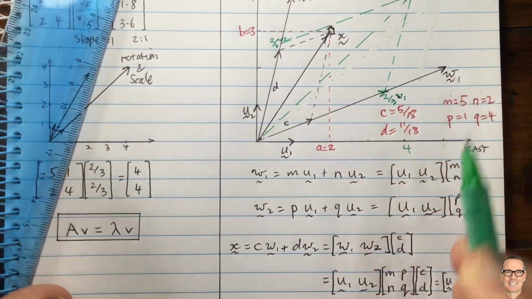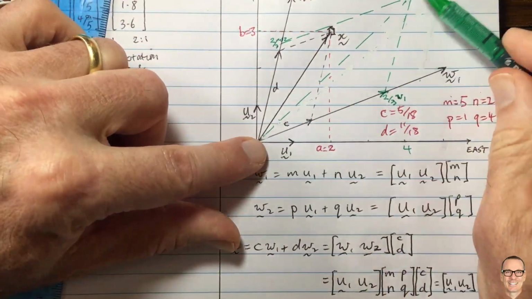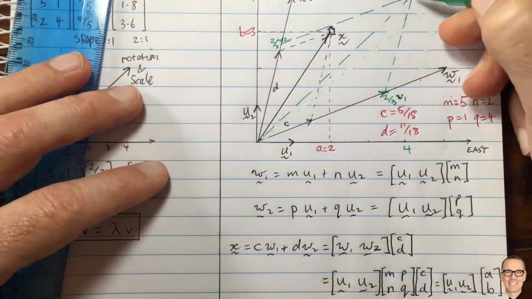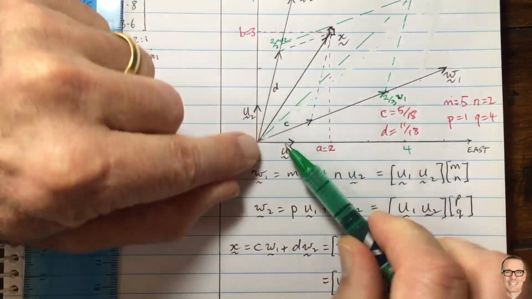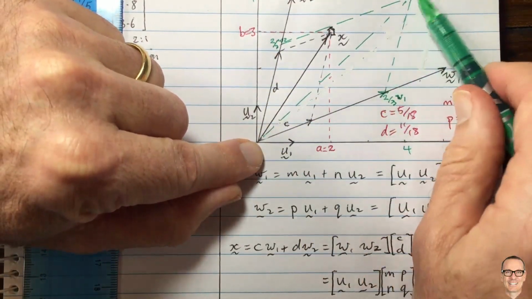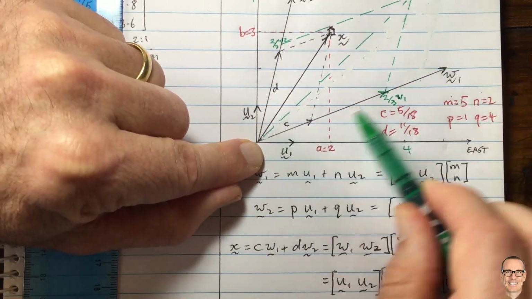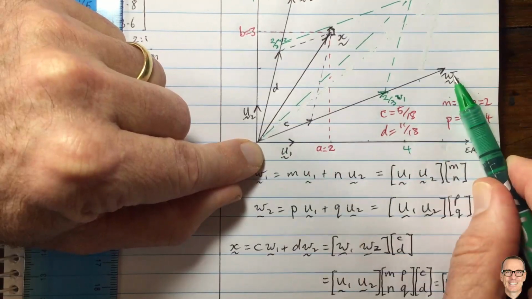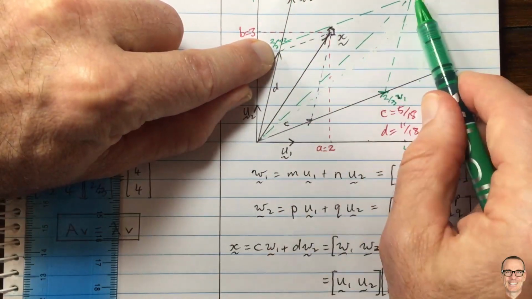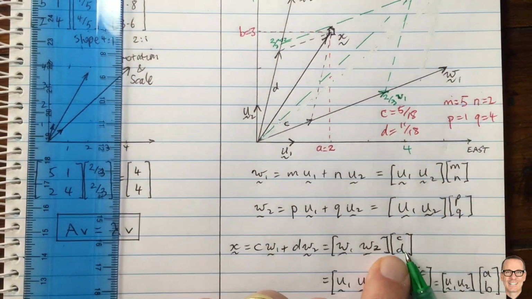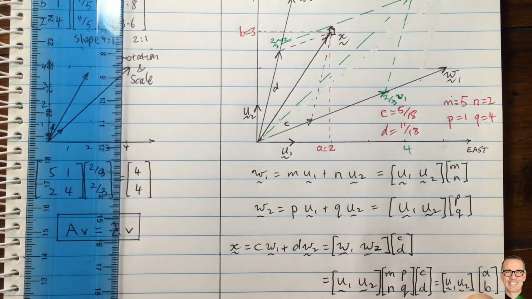So now we've got the case along this line, and for this exact vector here, you put in 2/3 and 2/3. If you drove along this road and saw that point there, if there was a house there and you saw that point there was 2/3 of the way along W1, and if you drove up this road and saw that it was 2/3 of the way along W2, then you put that into c and d, you would get answers 4 and 4 coming out in the basis of u1 and u2.